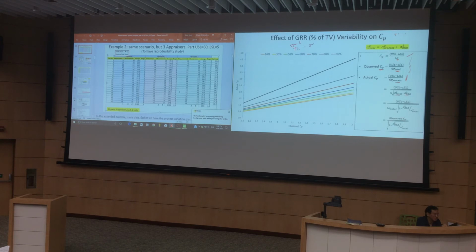Total equals sigma square product or process plus sigma square R and R. So you just expand on this one, take this term outside the square root, the 6, so this one becomes divided by this one here, right? So you have this term, and this term is your observed value, and this is our other term here, right?